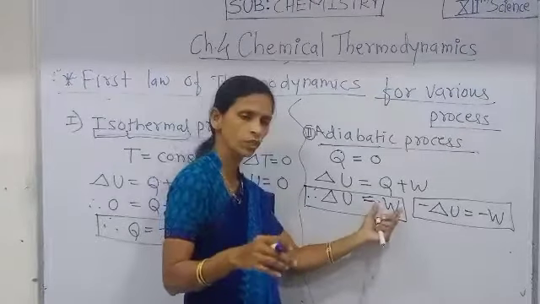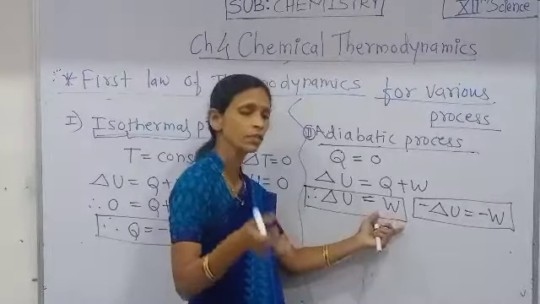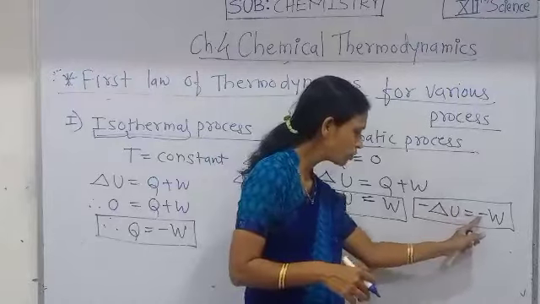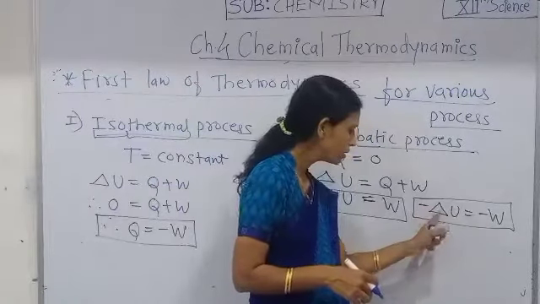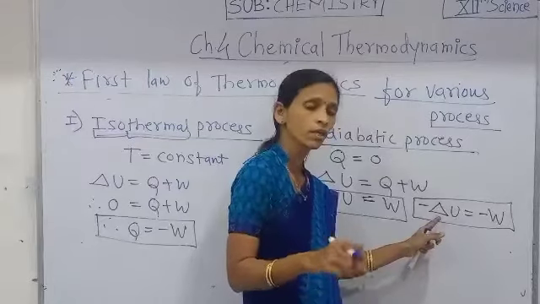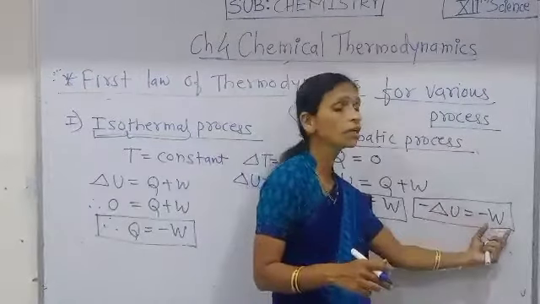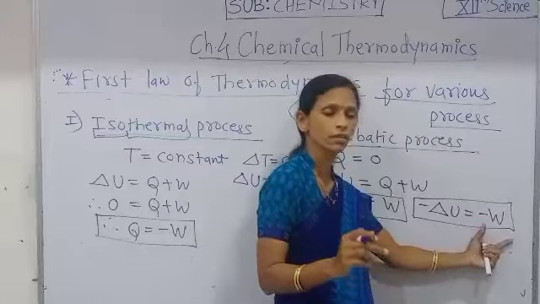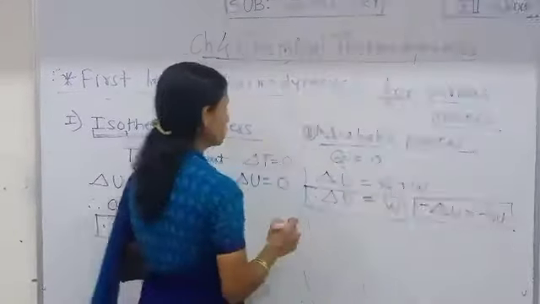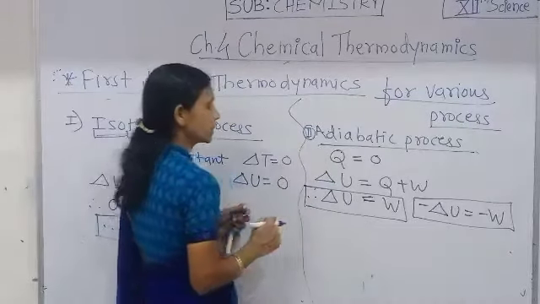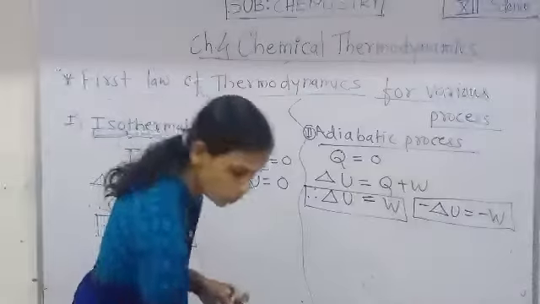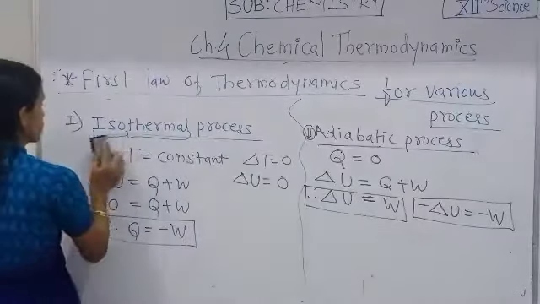Here W is positive, that means work is done on the system. And if minus delta U is equals to minus W, that means a decrease in internal energy of the system, that is work is done by the system. That means in adiabatic process, the first law of thermodynamics is applied in that way.